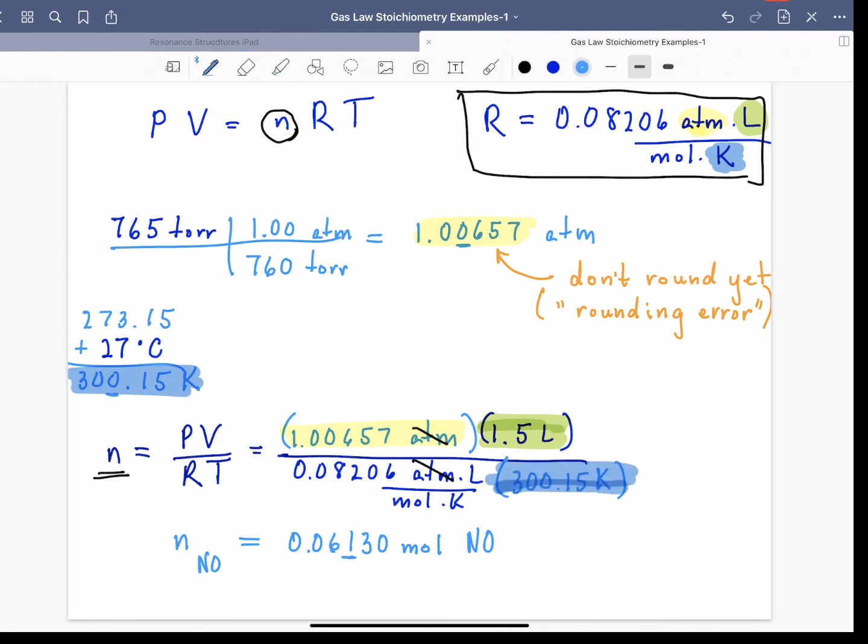And so the units of Kelvin will cancel. Liters cancels, and we're left with 1 over 1 over moles. 1 over 1 over a number equals that number. And it works the same way for units. So I plug in my values and I get an answer. And the answer is good to 2 sig figs. But I'm not going to round yet. I'm going to keep all those digits.